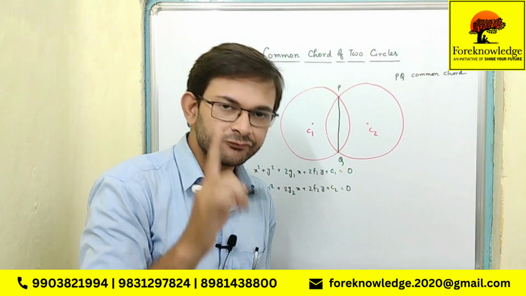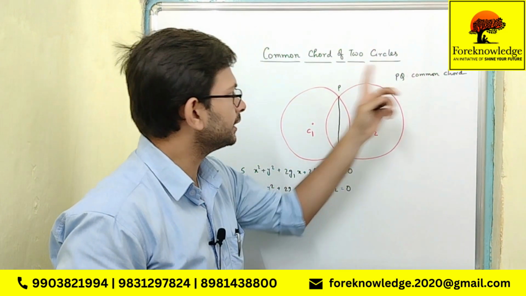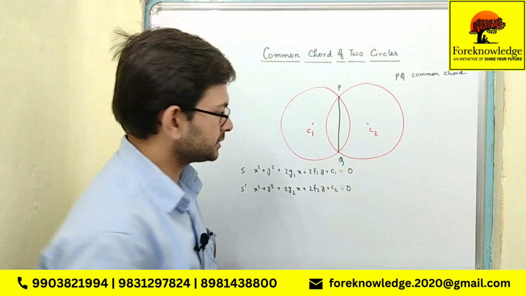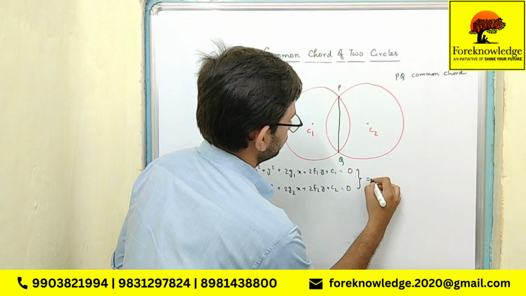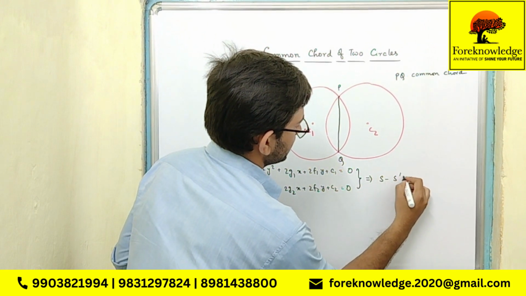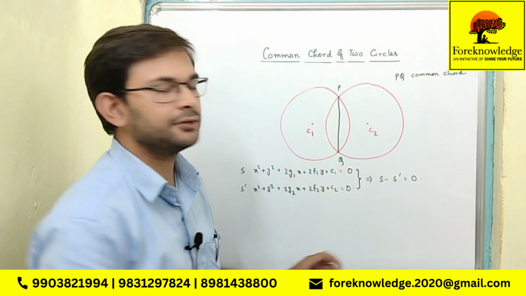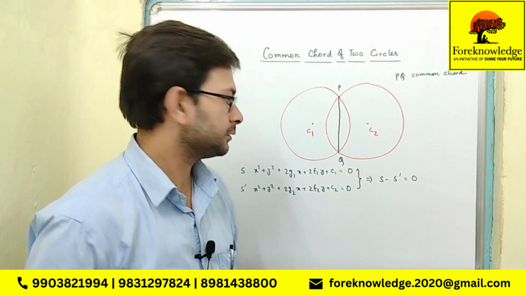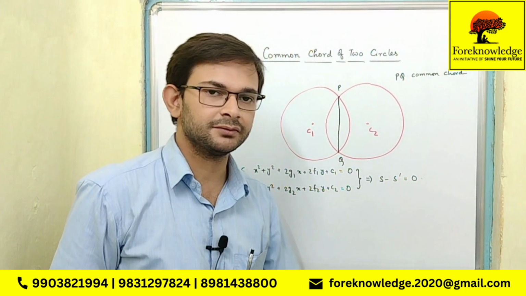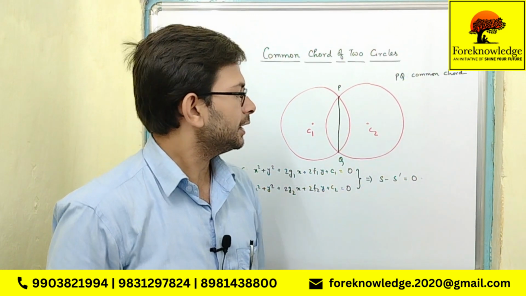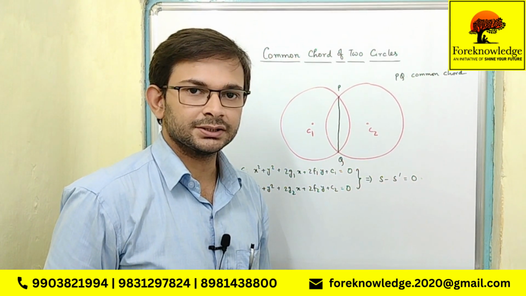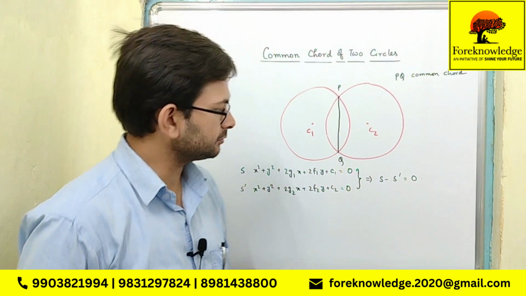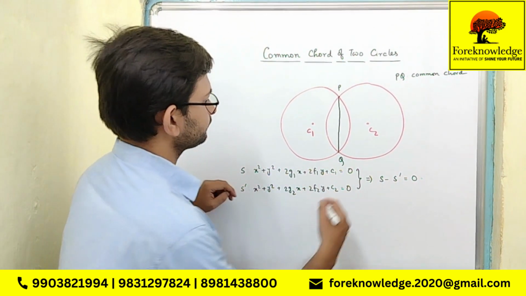Now, if we want to find the equation of the common chord, just do one thing: S minus S dash, and equate it to 0. What is S minus S dash? S means the first circle, S dash is the equation of the second circle. So, subtract these two.